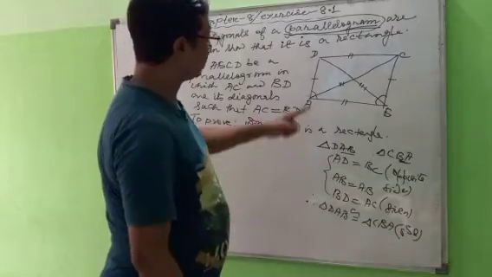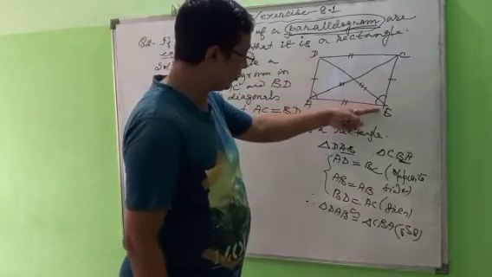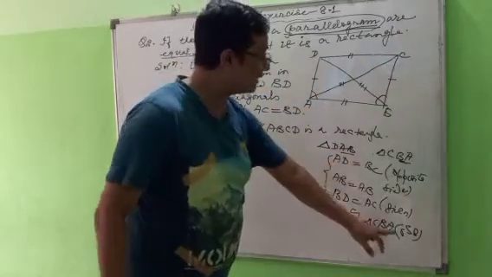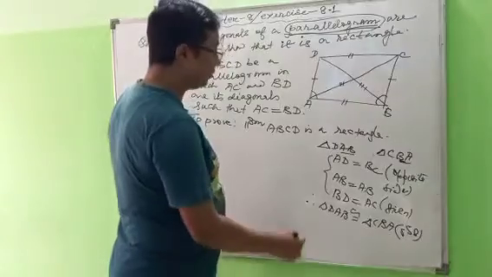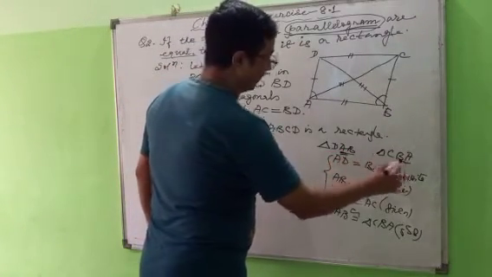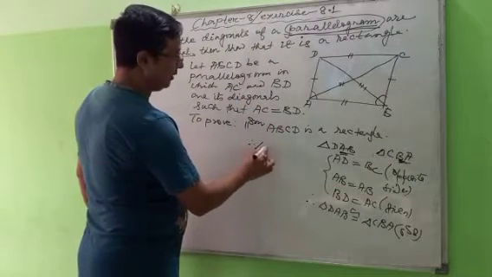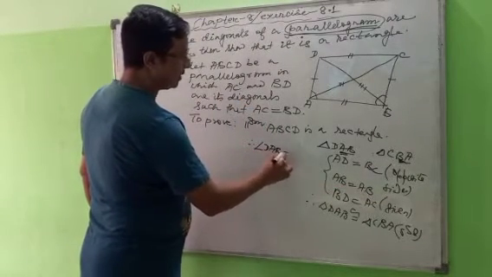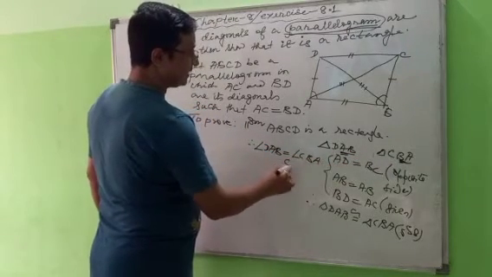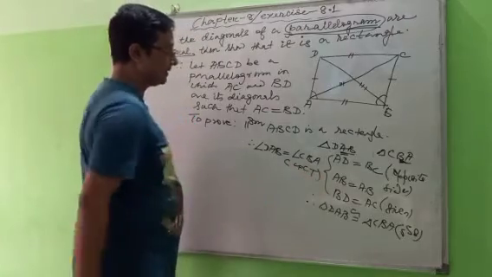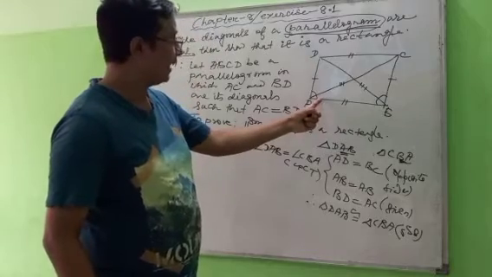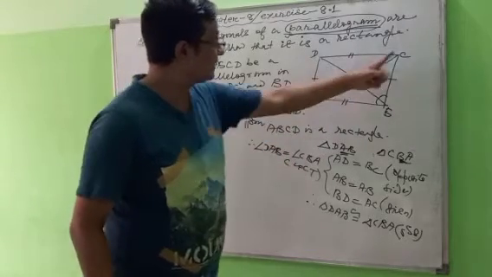As these two triangles, triangle DAB and triangle CBA, are congruent, you will get their corresponding angles. That is, angle A corresponds to angle B. Therefore angle DAB equals angle CBA, by CPCT.